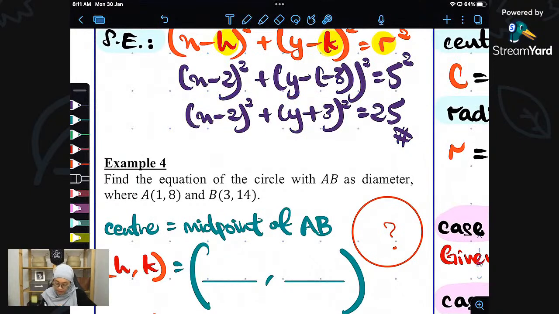So now, next example here: find the equation of the circle with AB as the diameter, where A is at (1, 8) and B is at (3, 14). So if you are diligent, you can draw the coordinates specifically, that is, draw the x-axis and y-axis, and label the coordinates. If you are diligent, label the coordinates accurately. But if you want to go faster, actually you can just label wherever.